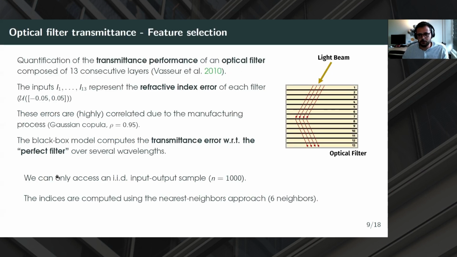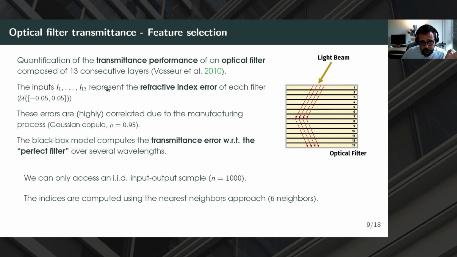So for an illustration, we're going to take a somewhat realistic use case, which is an optical filter. This optical filter is comprised of 13 different layers. What it does is that whenever light comes through it, the light scatters into the filter, then regroups and comes out at the end.